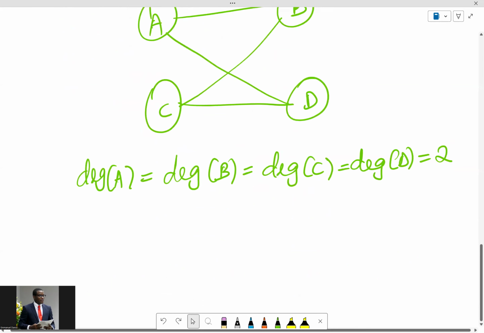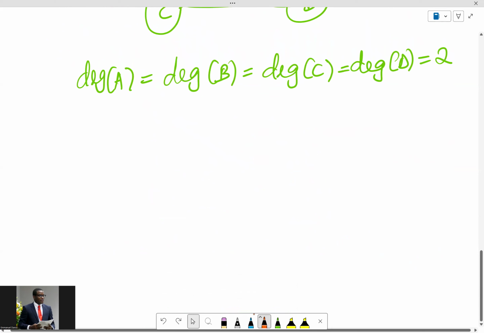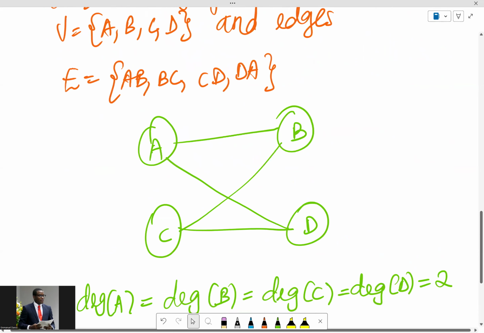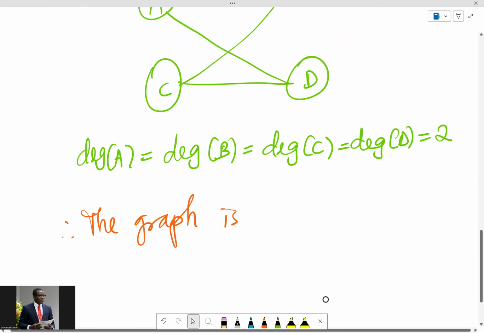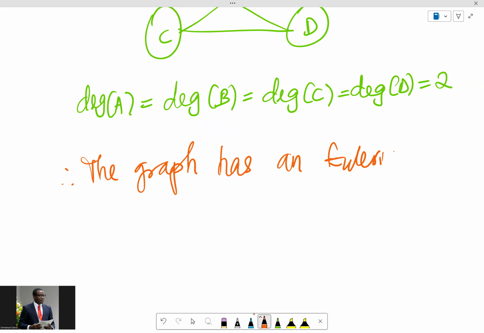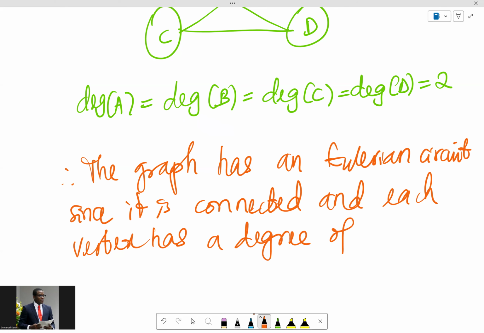So we can say therefore that the graph has an Eulerian circuit since it is connected, and each vertex has a degree of 2, which is even.